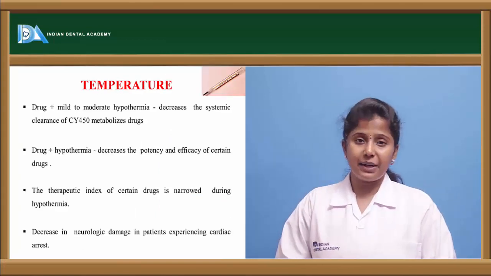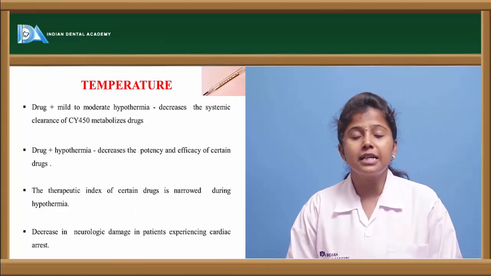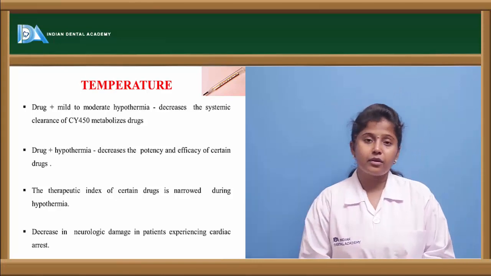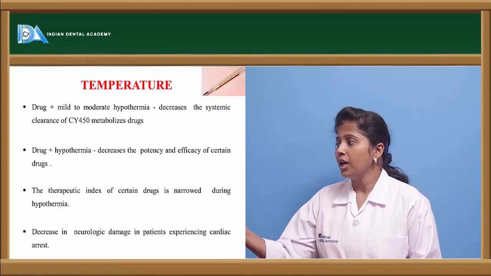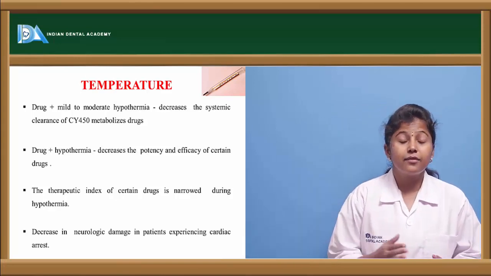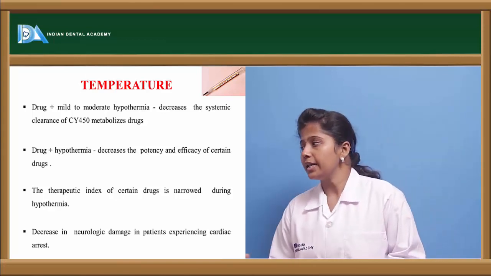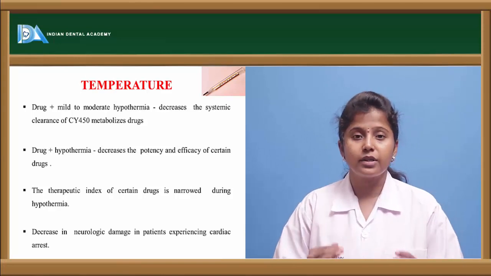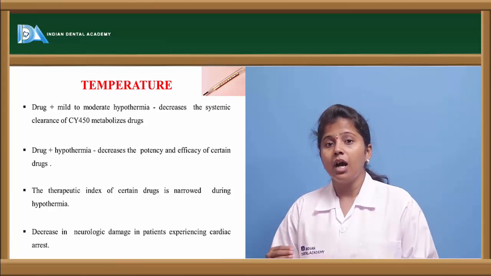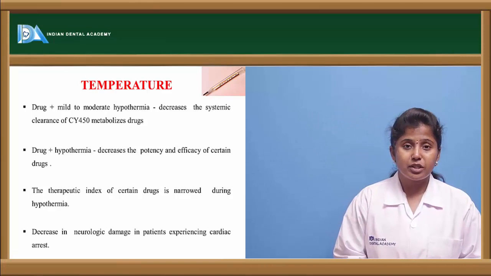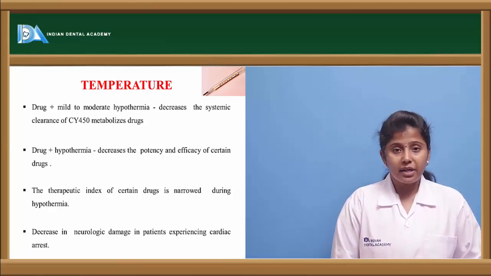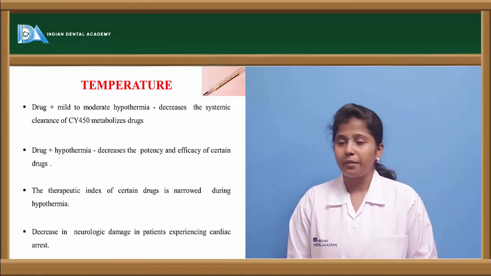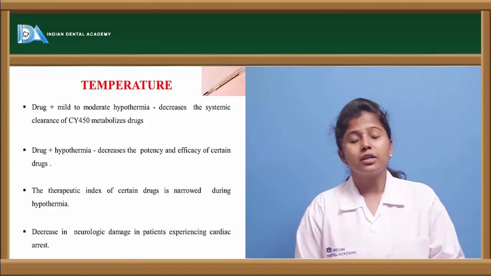The other factor is temperature. If there is a temperature in the body and drugs are taken, for example when there is a slight increase in temperature over the normal, that may decrease the systemic clearance of cytochrome-metabolizing drugs.